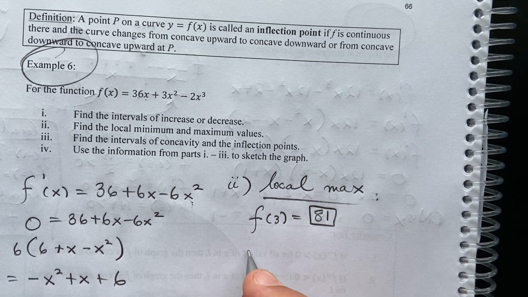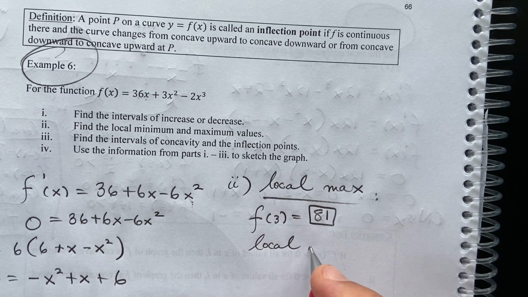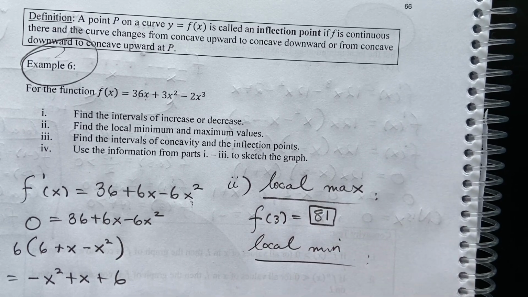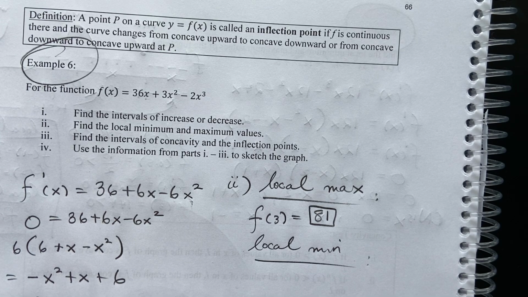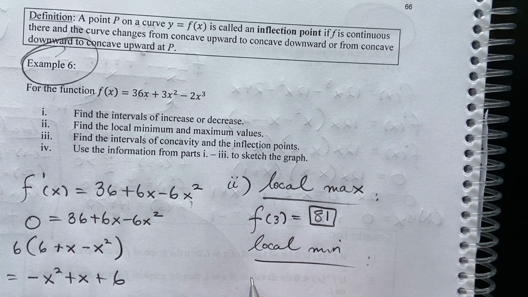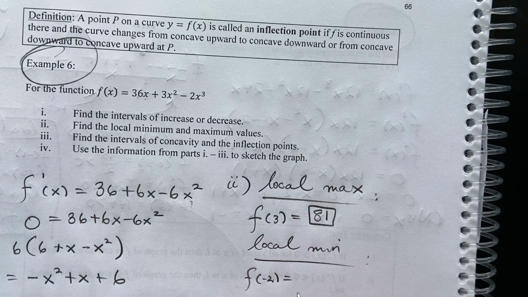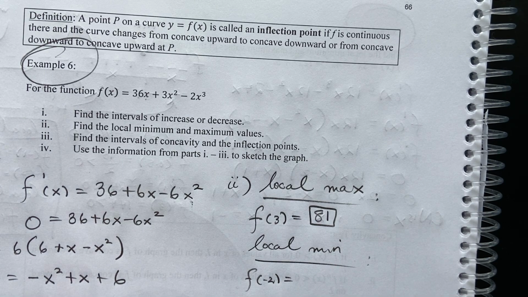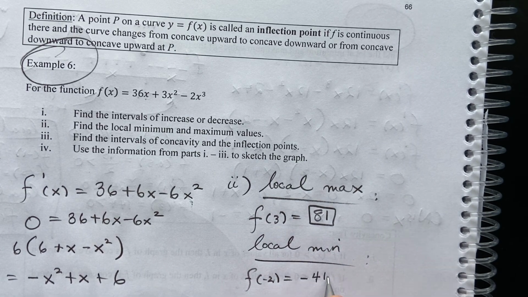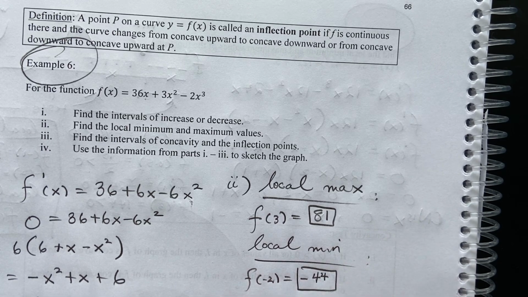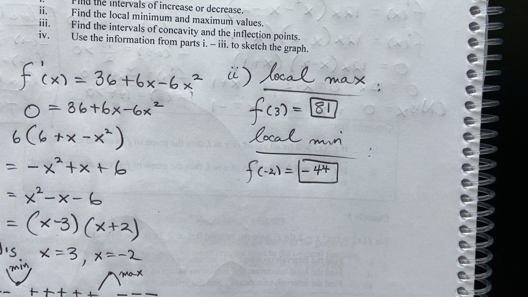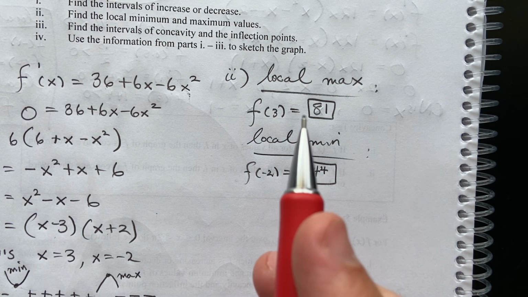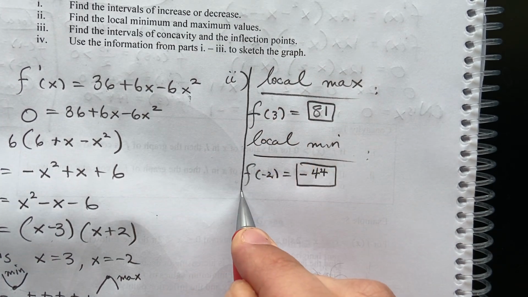A local min, if you plug our -2 in, again from the sign chart, so f of -2, plug that in, and we get -44. And that would be our local min and max values for part 2.